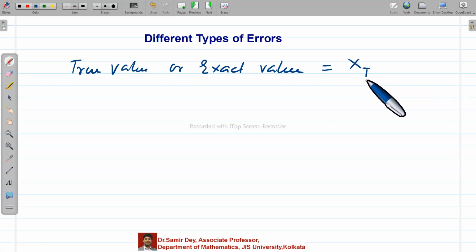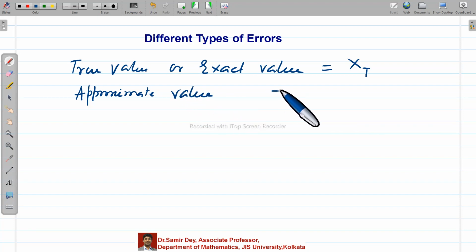T stands for true value or exact value. Another part you have is the approximate value. Approximate value I will consider xa. Okay, now try to understand with some numerical example, then you can understand clearly.